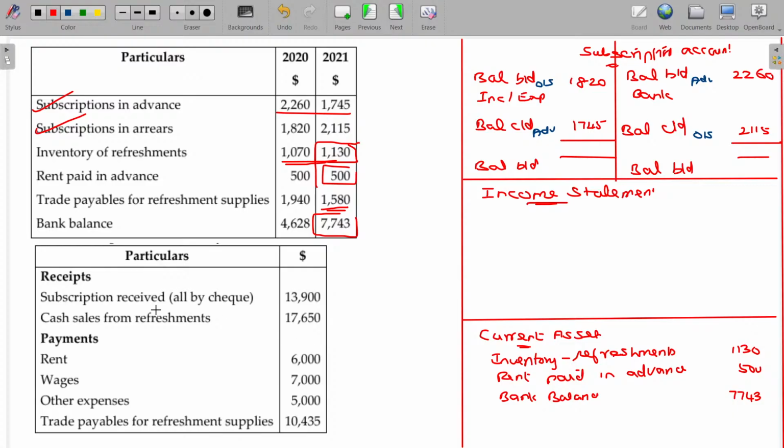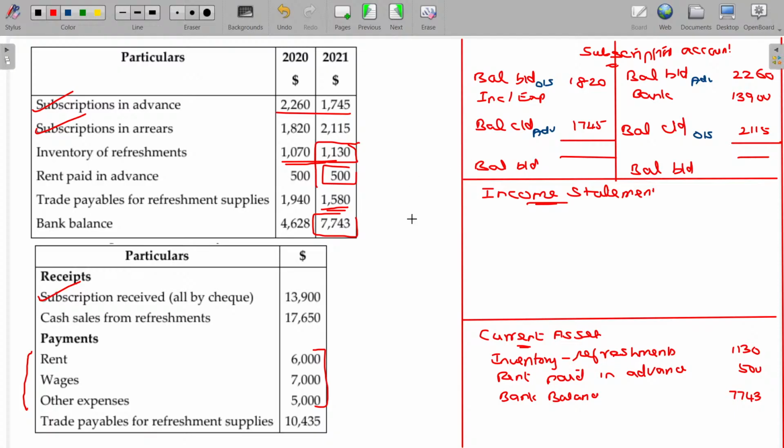And subscription received, all by cheque, 13,900. I post it here. Cash sales from refreshment will be treated separately. Rent, wages, other expenses, trade payables for refreshment supplies, all these things are other payments, but those things are not asked here.